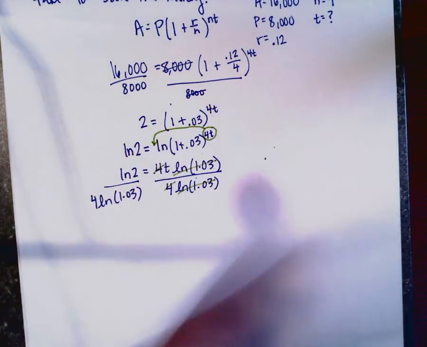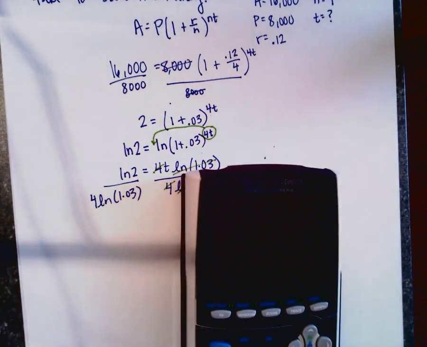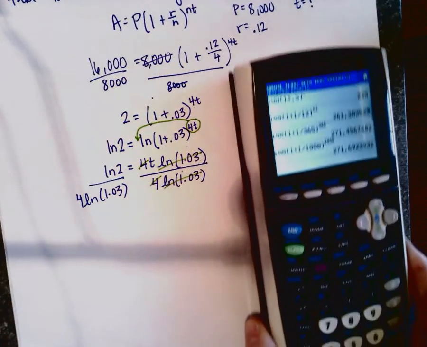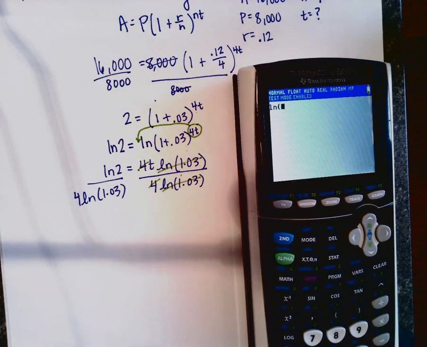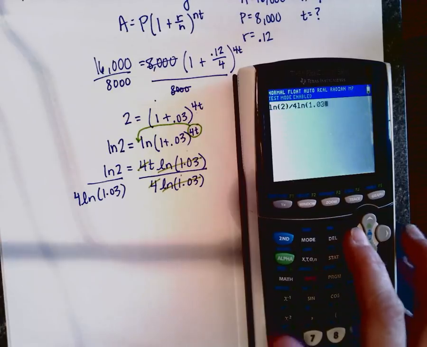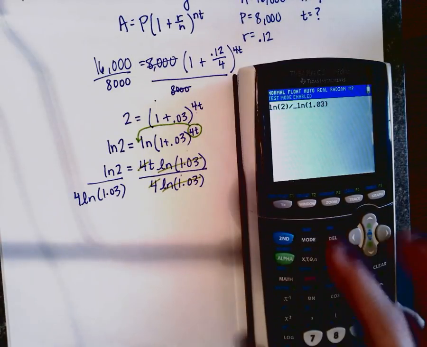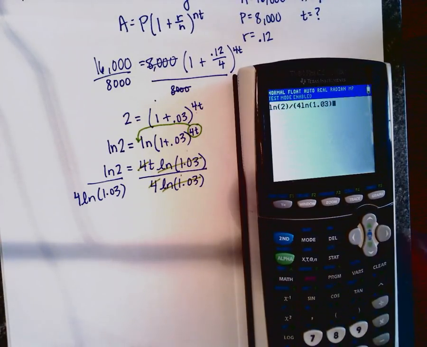So in my calculator, I'm going to type in natural log 2 divided by 4 natural log 1.03. And whoops, you've got to put parentheses around your denominator or else it won't divide by that whole thing. And I got 5.86.